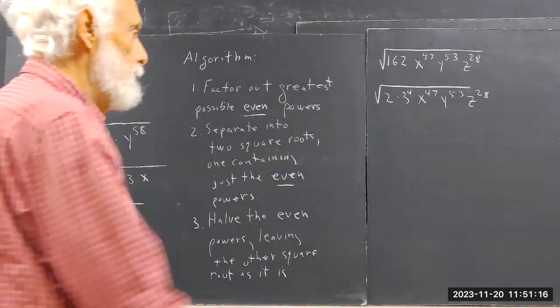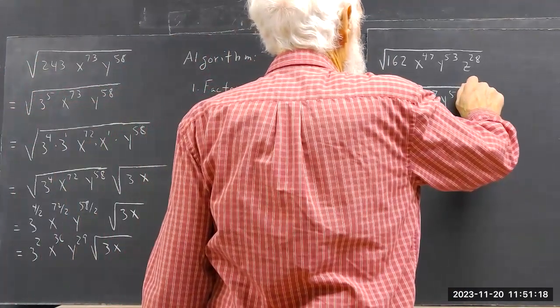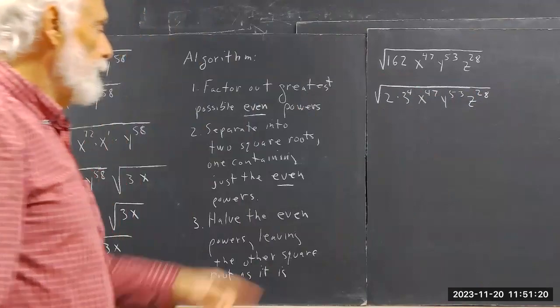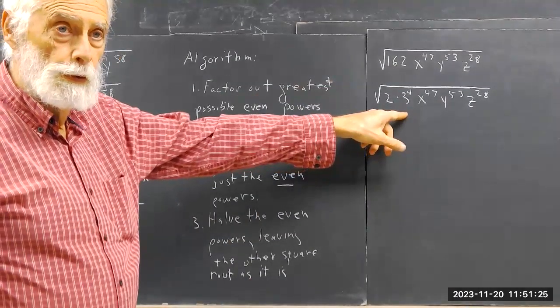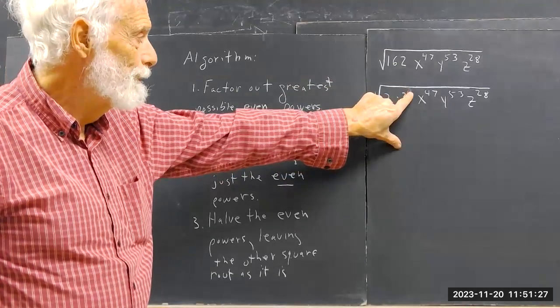So there we have, make sure the square root sign is everything. We have the prime factorization of 162, which is 2 times 3 to the 3rd, not 4th.